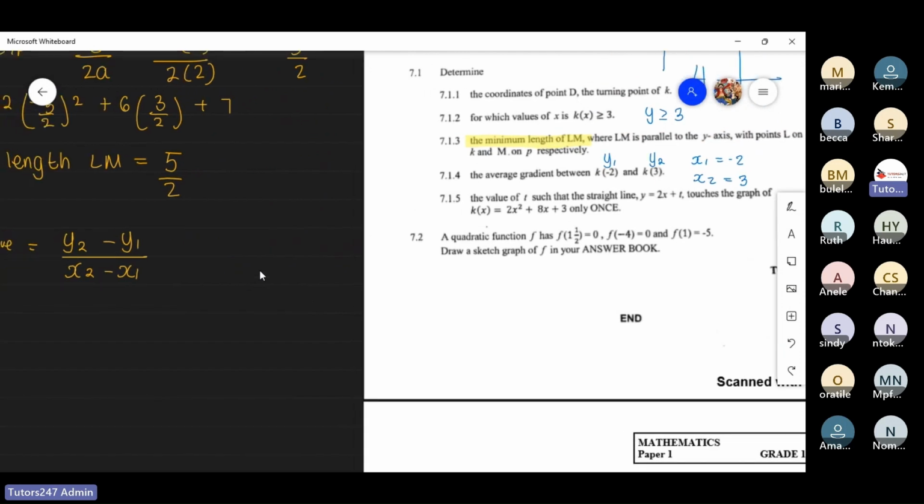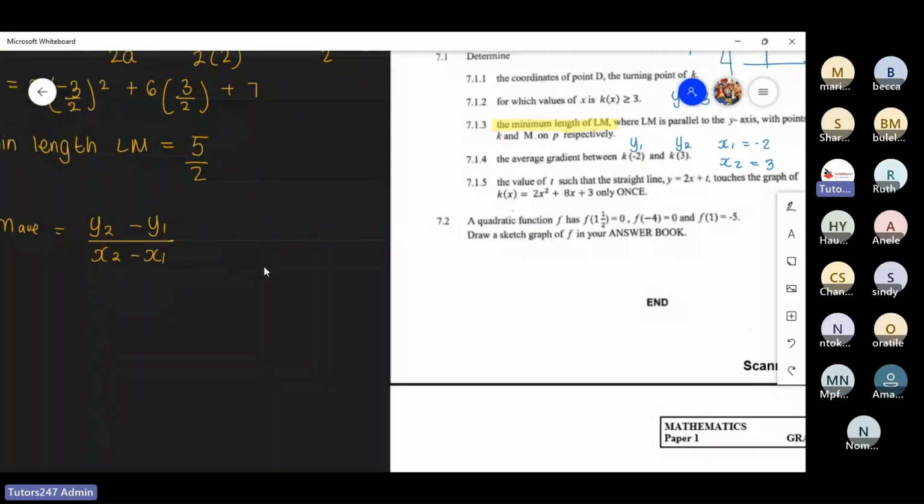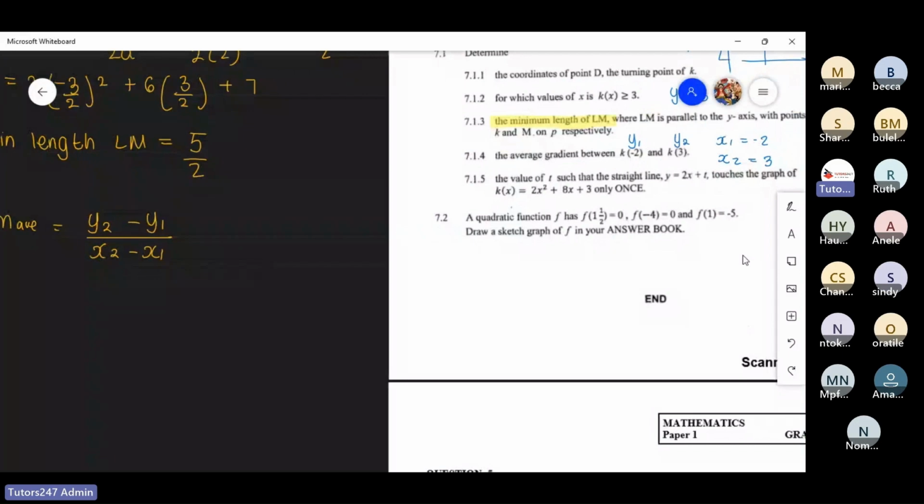We denoted it there. So we're going to have y2 as k of 3, so this will be k of 3 minus our y1 value, which will be k of -2. And our x2 value is going to be 3 minus our x1 value, which is going to be -2.